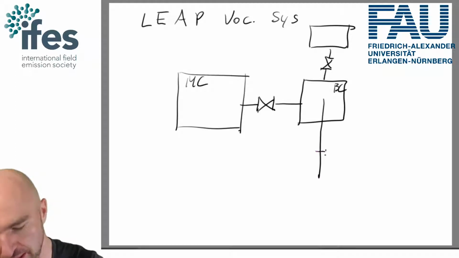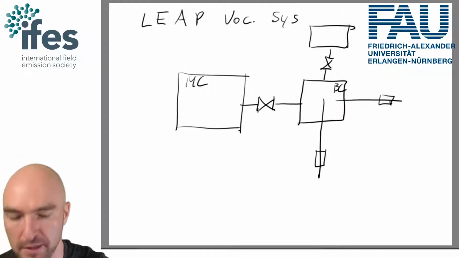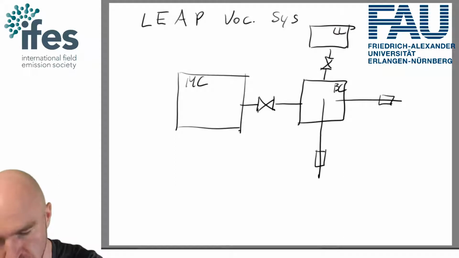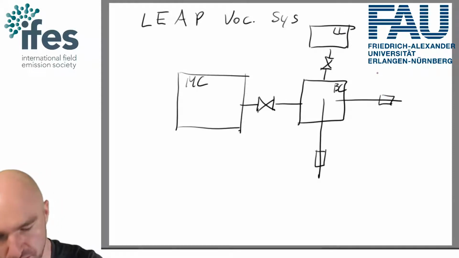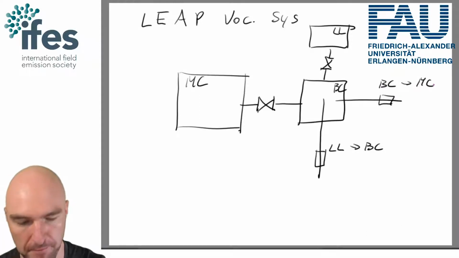And then you have a magnetically coupled transfer rod coming in from the bottom, and one coming in from the side. So the one from the bottom gets you from the buffer chamber to the load lock, and the one from the side gets you from load lock into the buffer chamber, and this one here gets you from the buffer chamber to the measurement chamber or main chamber.